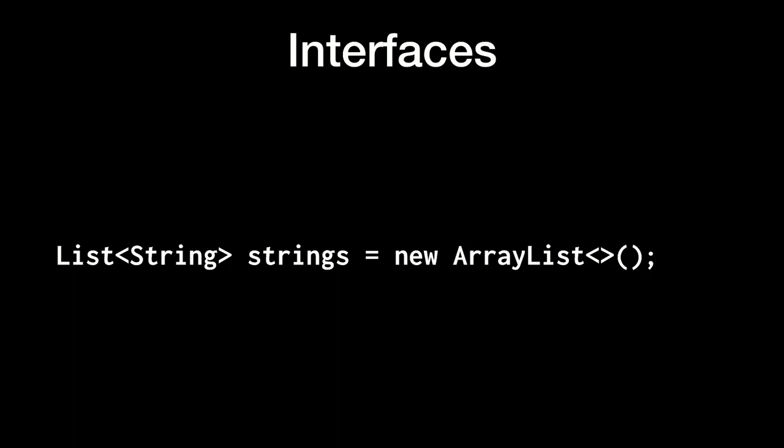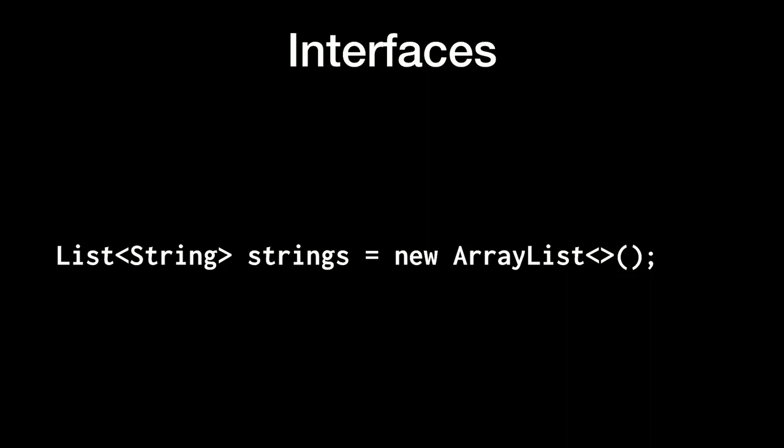These brackets, remember, are a generic. It's a way of telling the list interface, or this instance of a class, I want you to know that you're going to contain strings, and string is a class, and so we're passing on that class to this other one. And then the right-hand side, this new ArrayList, this is actually a class somewhere that implements list.